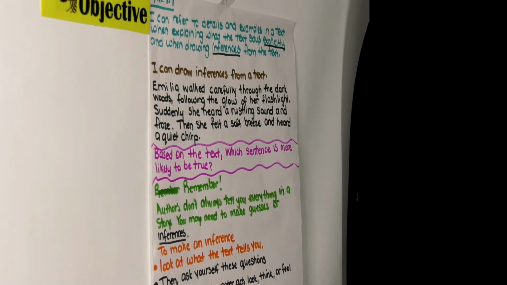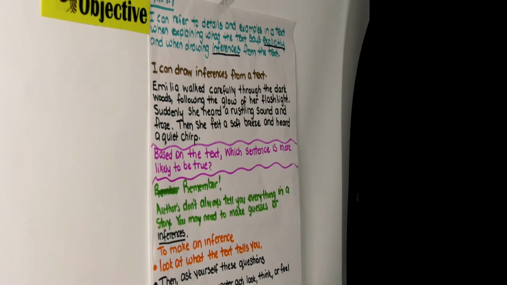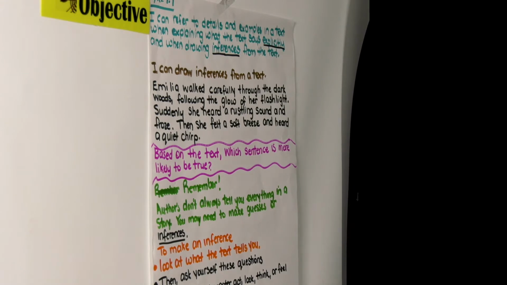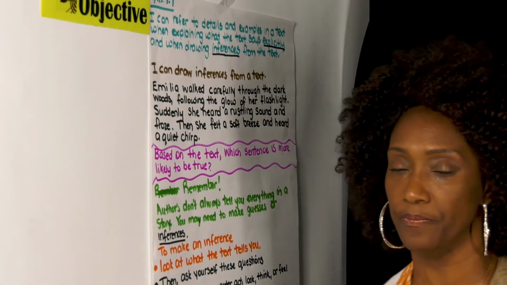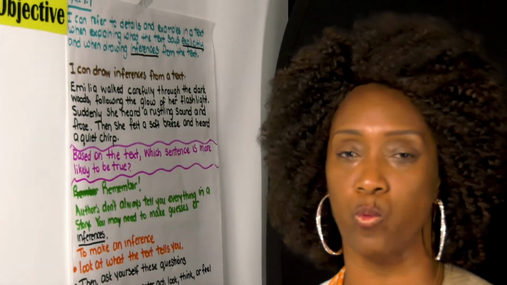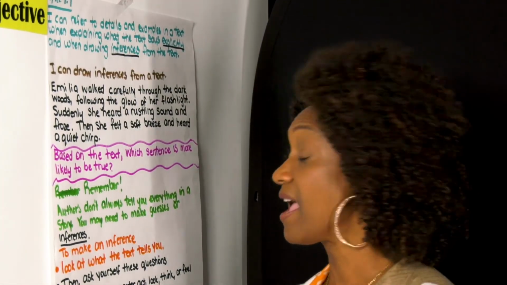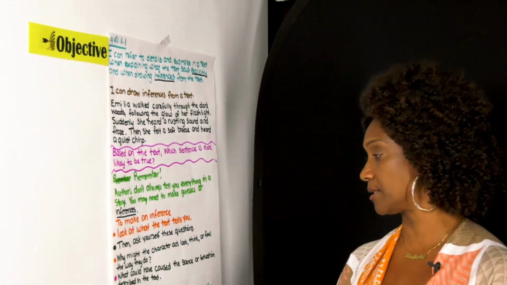Authors don't always tell you everything in a story, so you may need to make a guess or an inference. As I said earlier, to make an inference, look at what the text tells you. Write that down, boys and girls. Make an inference, look at what the text tells you. Then ask yourself these questions.